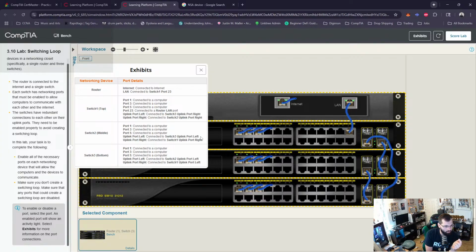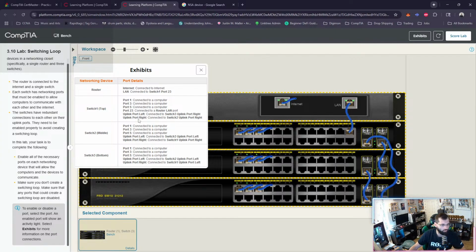So top switch is connected to switch 3 and switch 2. And then switch 2 is connected to switch 3 and switch 1. Switch 3 is connected to switch 2 and switch 1. Switch 1 is connected to switch 2 and switch 3.